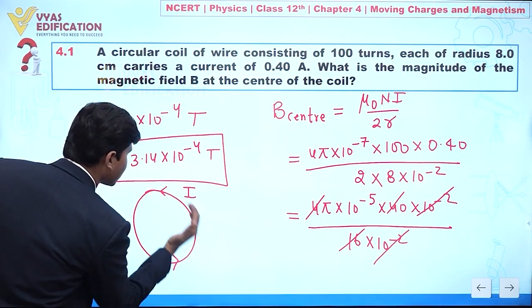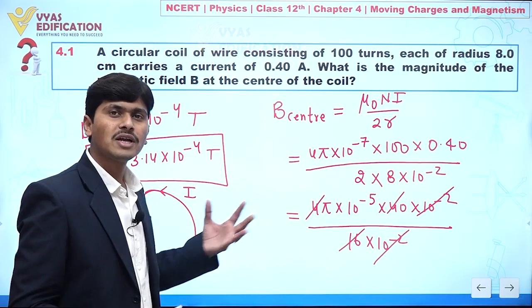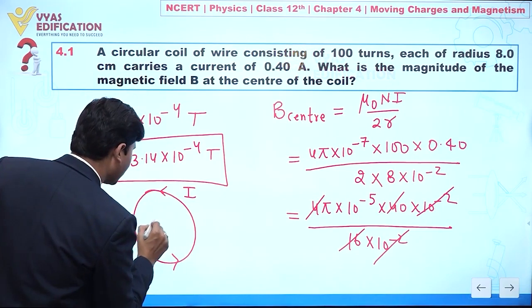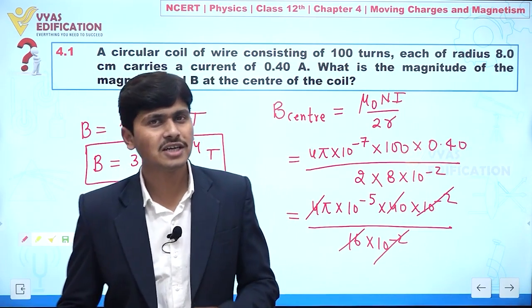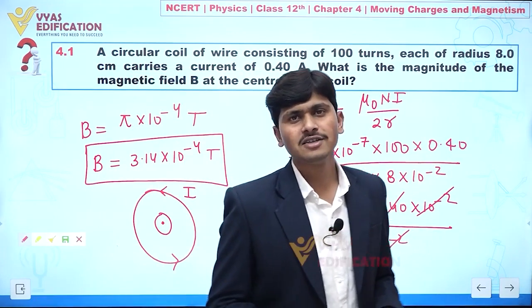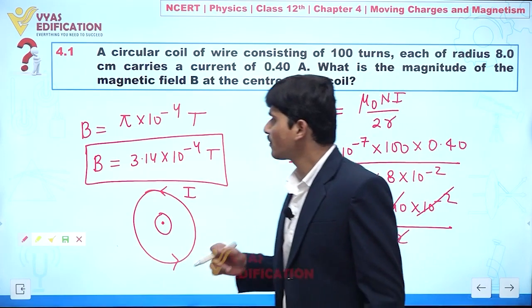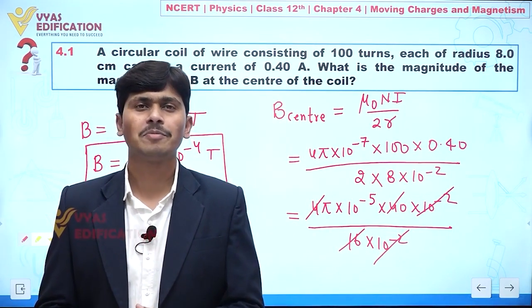So the direction of magnetic field is perpendicular, outward of this screen. But in this question our objective is only to find the magnitude of magnetic field, so that value is 3.14 into 10 to the power minus 4 Tesla. So this is all about this question.